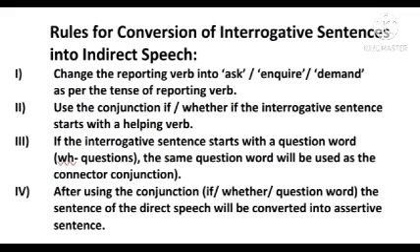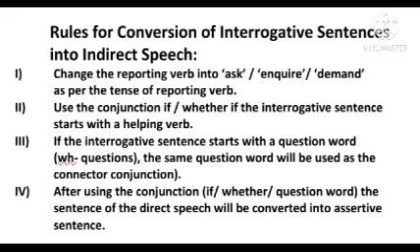Now, if the sentences are interrogative, different rules will be followed. The very first one is to change the reporting verb into ask, enquire, demand as per the tense of the reporting verb. Use the conjunction if or whether. Take care, children.